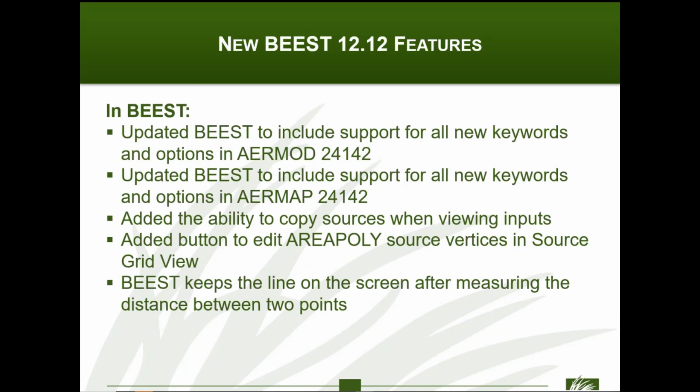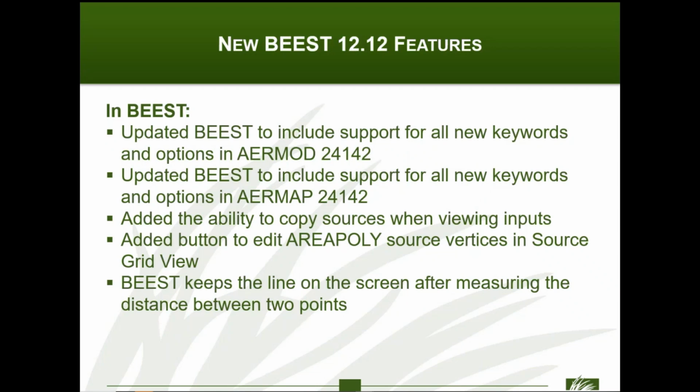So in Beast, this new version 12.12, we've updated it to include support for all of the new keywords and options that are in AirMod 24142. And we'll talk about maybe the most important ones a little later in this talk. We've updated Beast to include support for all the new keywords for AirMap 24142.